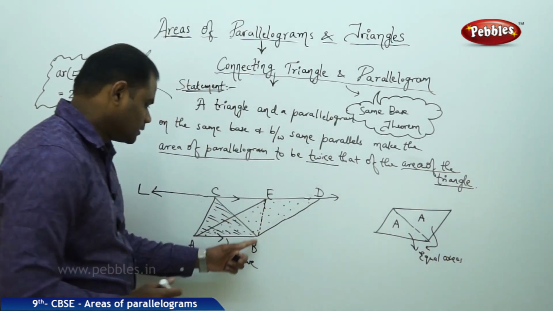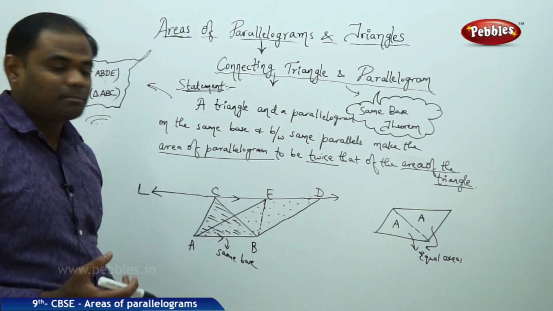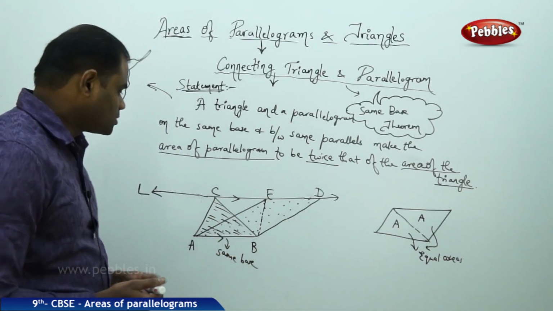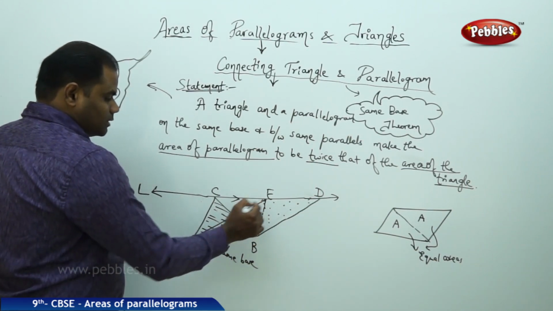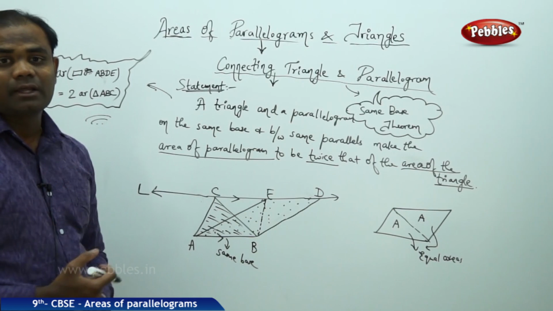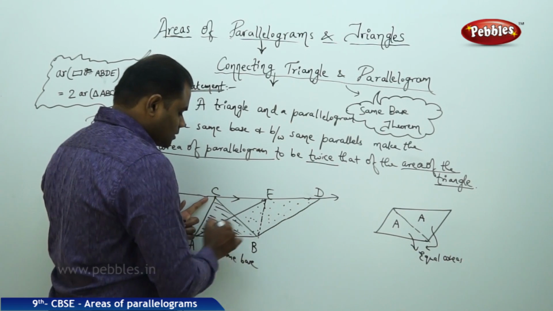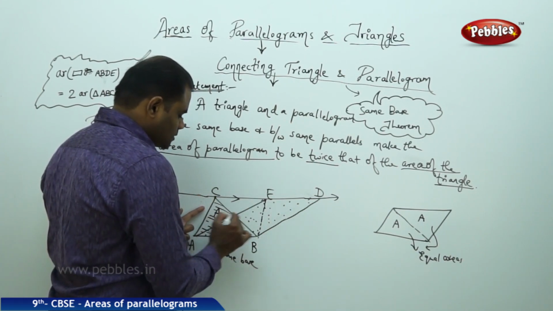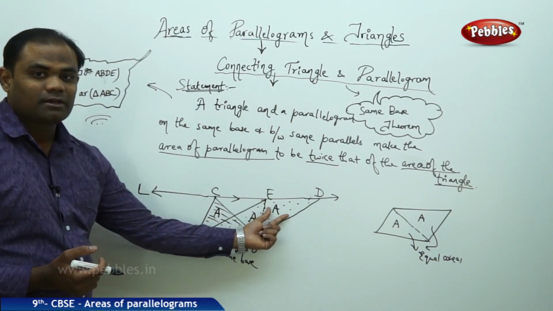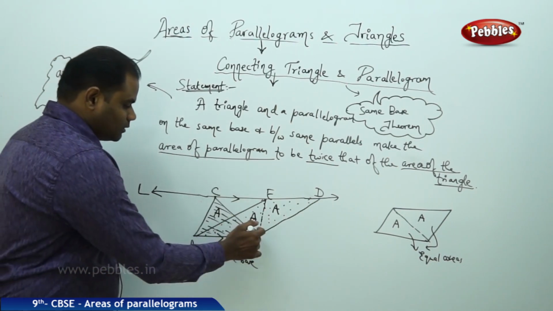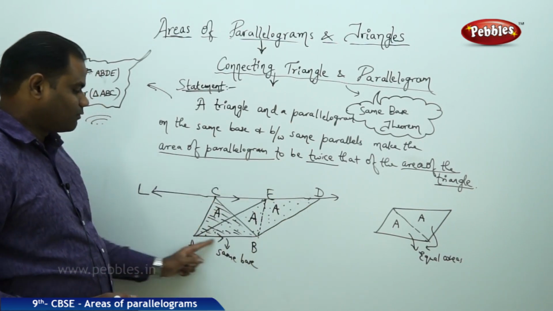Therefore, when I cut the diagonal BE, I get two triangles ABE and BDE in the parallelogram ABDE, whose areas are equal. So when I add this area with this, exactly two triangles on the same base are equal. So area of this equals area of this. So A plus A is 2A. Area of parallelogram is twice the area of triangle.